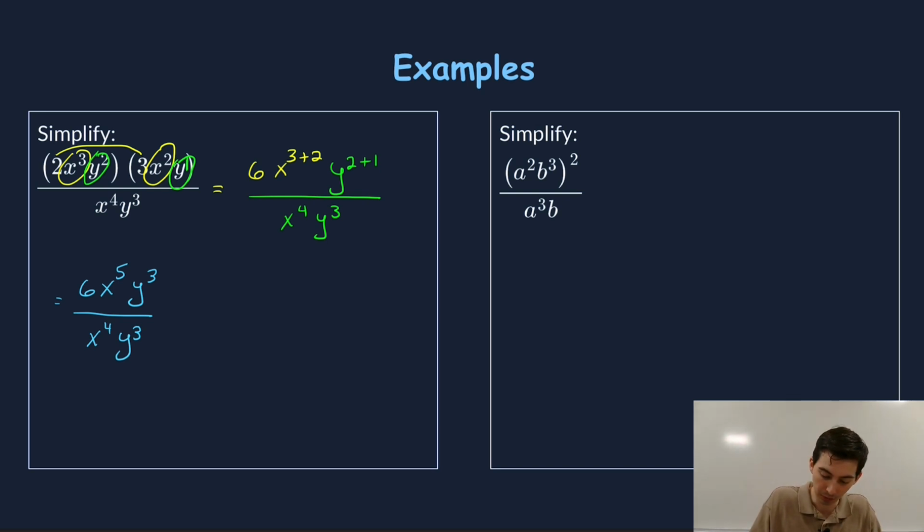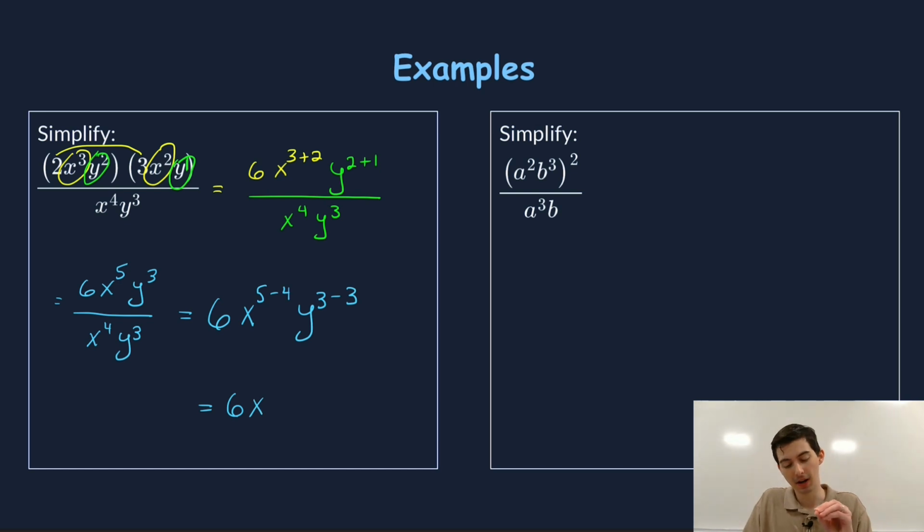So I'm going to rewrite this as 6, and now I have x to the 5 minus 4, and y to the 3 minus 3. So when I add those up, I'm getting 6 times x, 5 minus 4 will give me 1, so I don't have to write any exponent for that. And then y to the 3 minus 3 is 0, and so that's actually going to cancel out this y. So my simplified expression is just 6x.